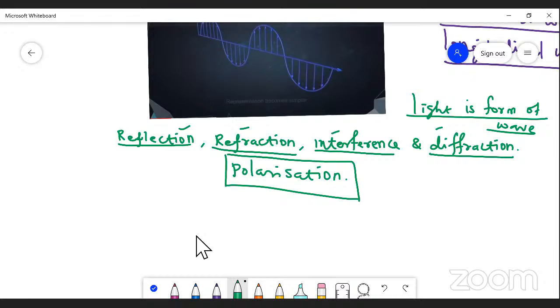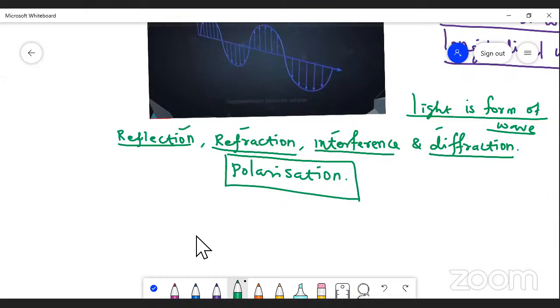is longitudinal in nature. Okay, these phenomena tell us light is a form of wave, but they do not tell us whether the light wave is either transverse or longitudinal. But the polarization phenomenon experimentally demonstrated that the light is transverse in nature and the sound is longitudinal in nature.